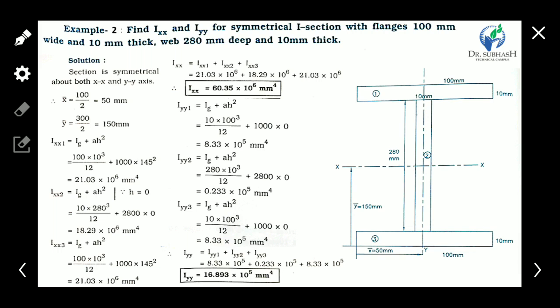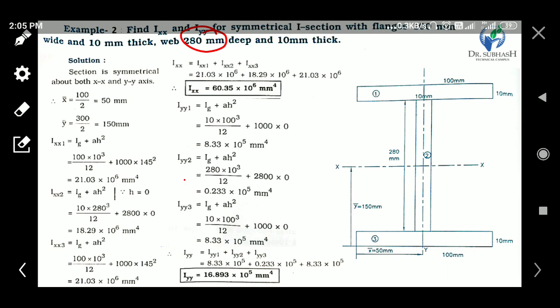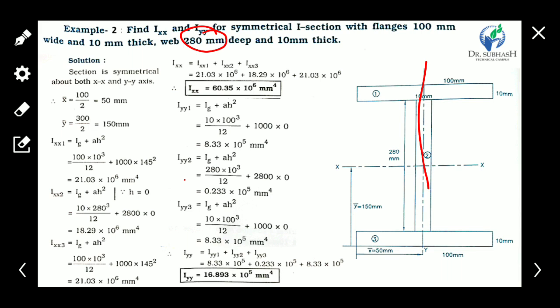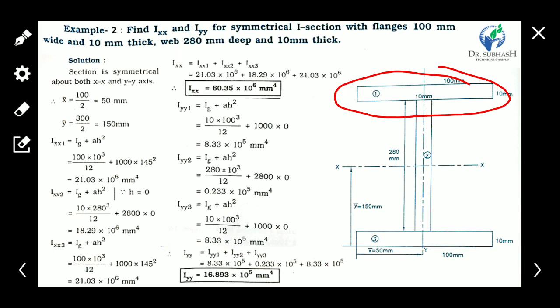Okay, similarly we have to find the moment of inertia for the y axis. We have calculated the moment of inertia about the x axis, so now we have to find the moment of inertia about the y axis. The procedure is similar: first find the moment of inertia of the first element about this y axis.